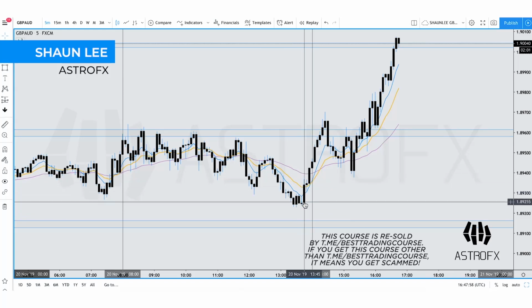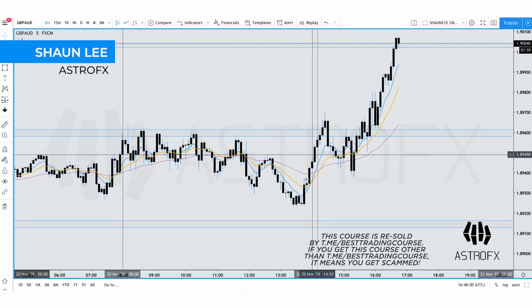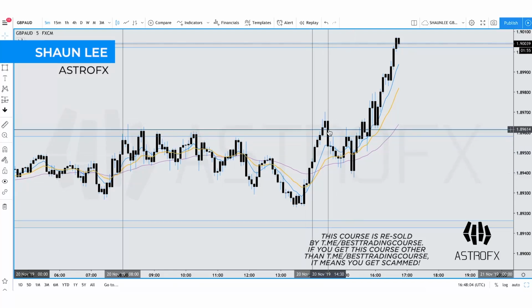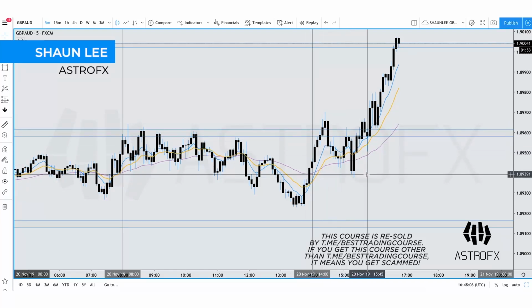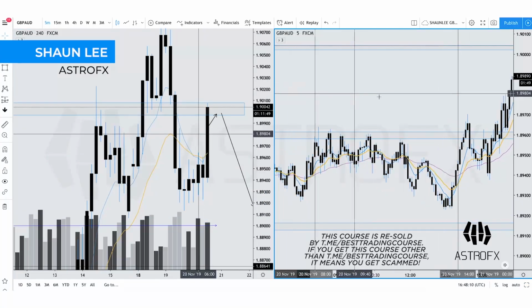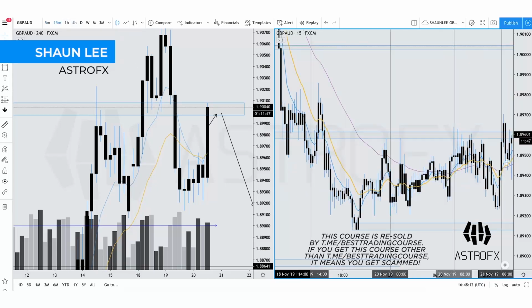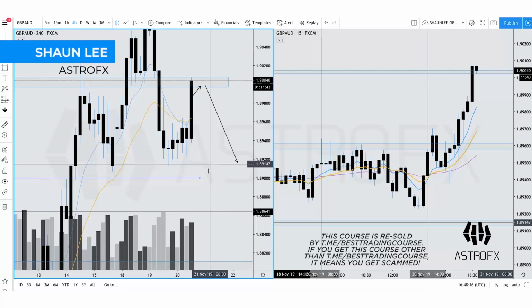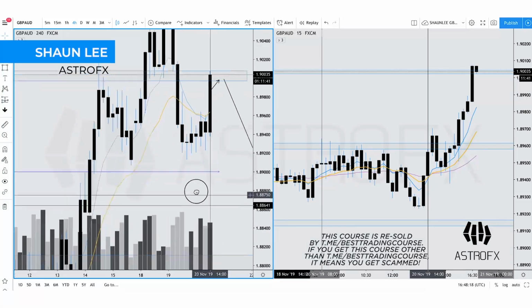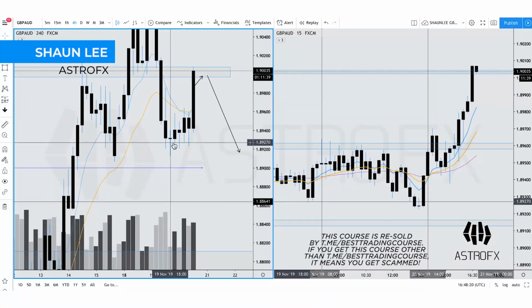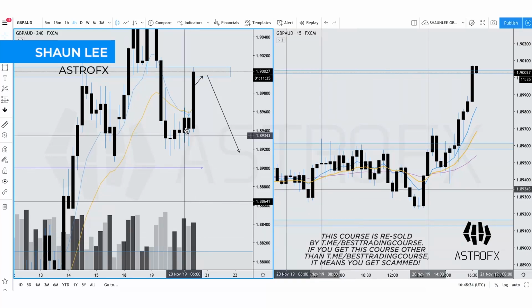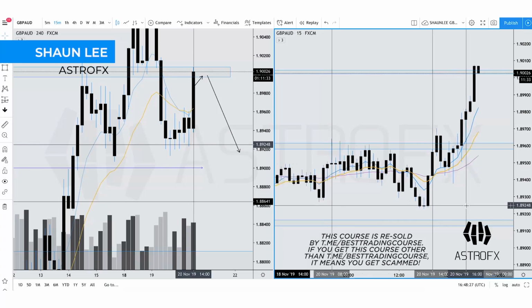The forceful PA and the forceful volume which just came and stepped into the market was quickly then pulled back 10-15 minutes later. This is more or less like a trick move, but this is why we have to have the bias on our side and always compare with the 4-hourly mainly, and also study the volume bars. 1, 2, 3, 4, 5, 6 wicks to the downside, dead volume.